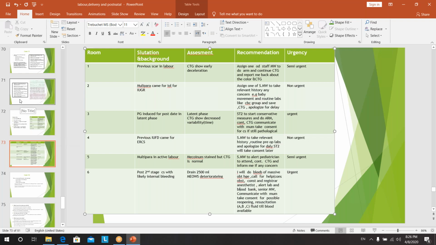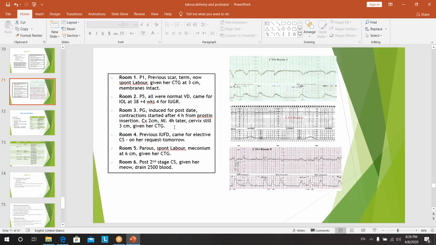I think it will be done after 4 cm. This patient is still 3 cm. In the strategy, they mentioned that fetal blood sample should not be done in very early labor like 3 cm. It can be done after 4 cm. So they didn't prefer to do fetal blood sampling at this stage of early labor.